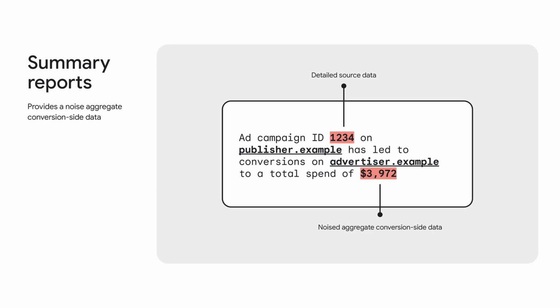For example, a summary report can tell you that the ad campaign 1234 on the publisher's site has led to a spend of about $3,972 on the advertiser's site. The value of $3,972 is the noisy aggregated data that an event-level attribution report does not tell you.